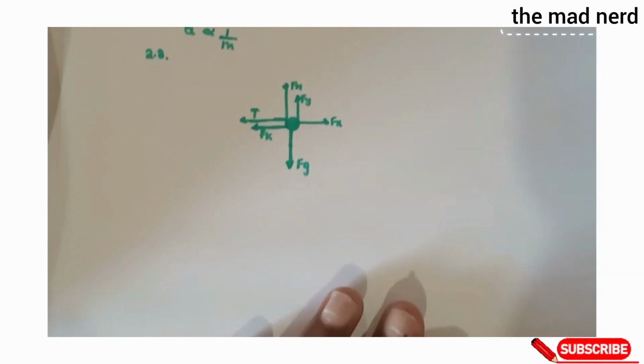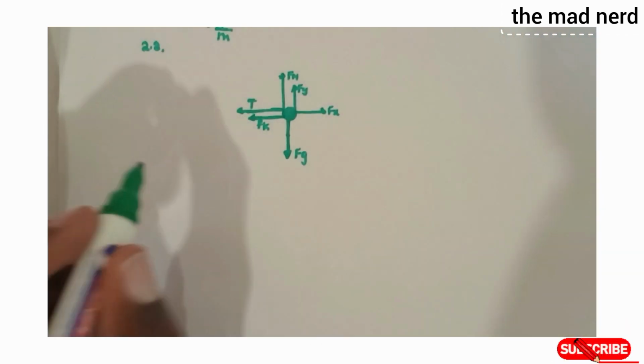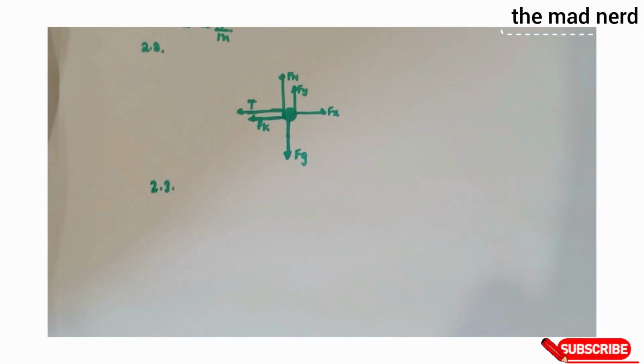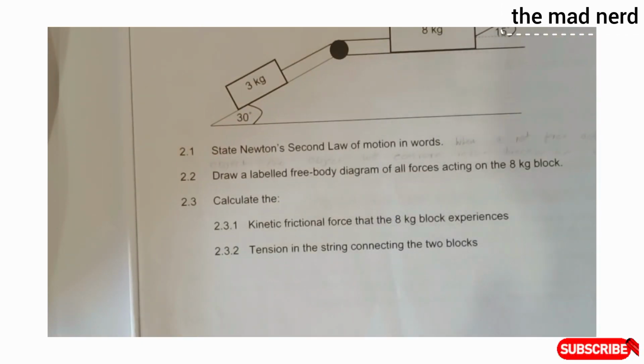And now let's look at 2.3. It says calculate the kinetic frictional force that the 8 kg block experiences.